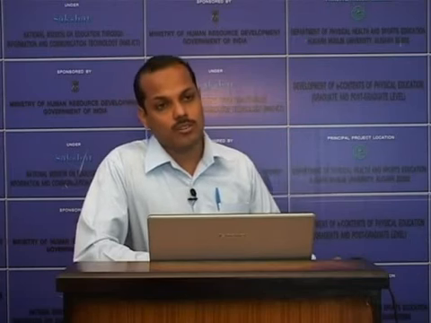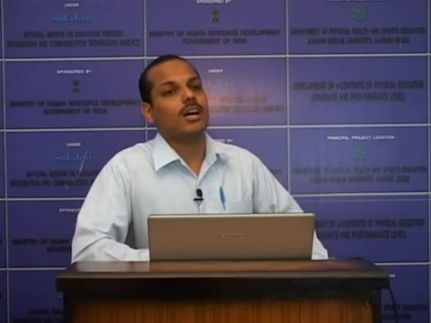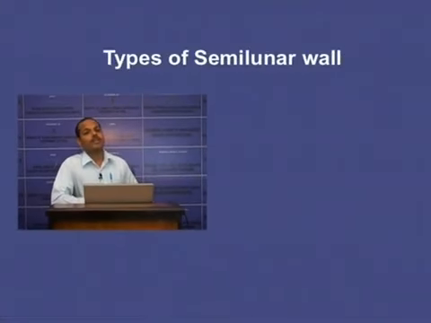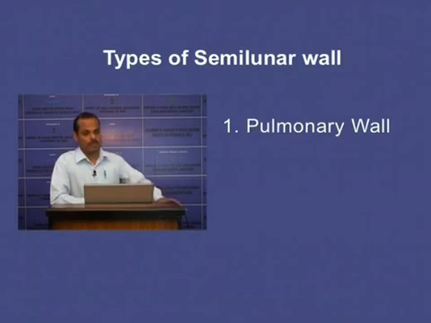Now, the first type of valve is the valves between the atria and ventricle, of which there were two. The second type of valve present in the heart is the semilunar valve. There are two types of semilunar valves: the pulmonary valve and the aortic valve.